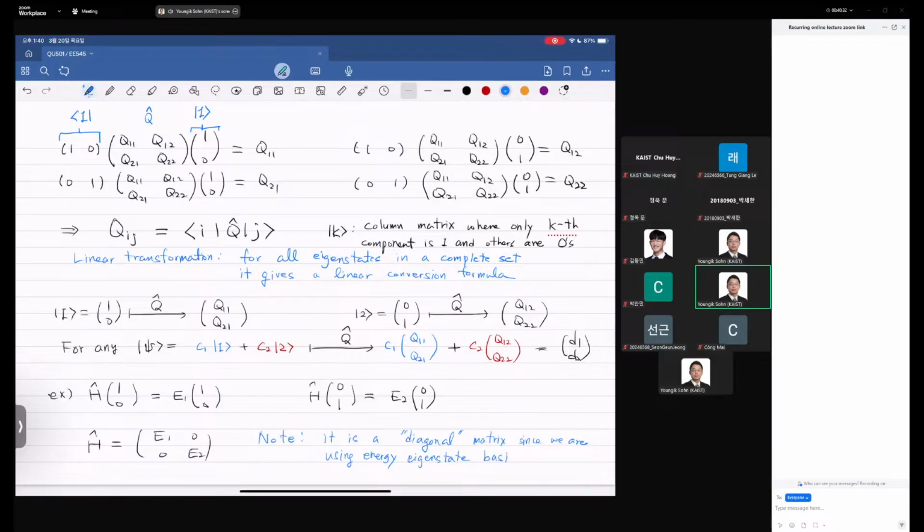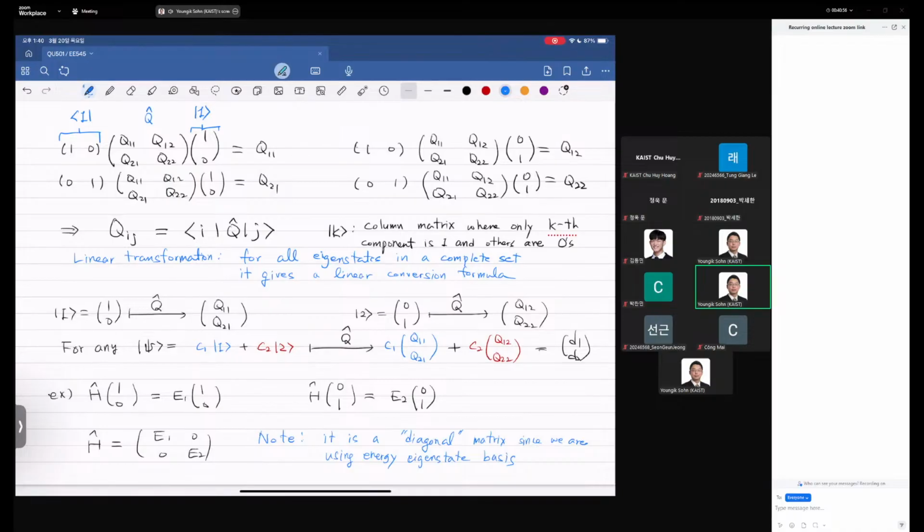Which means that even for the same system, there can be another complete basis. If you use another basis and try to express the Hamiltonian, it may not be a diagonal matrix. It can be some complex, different form of matrix. It's possible.